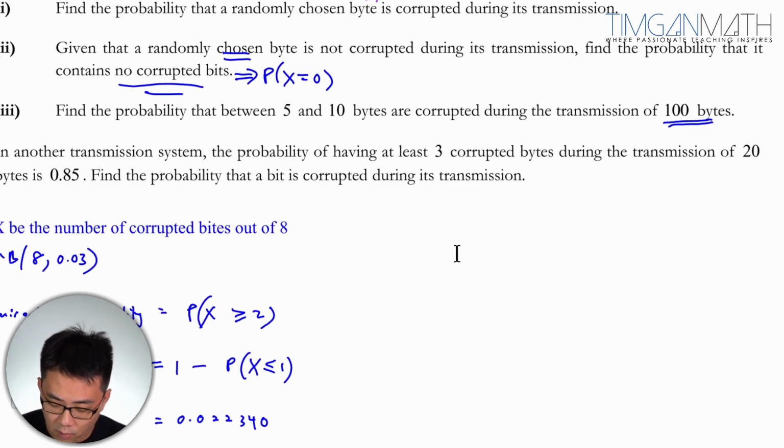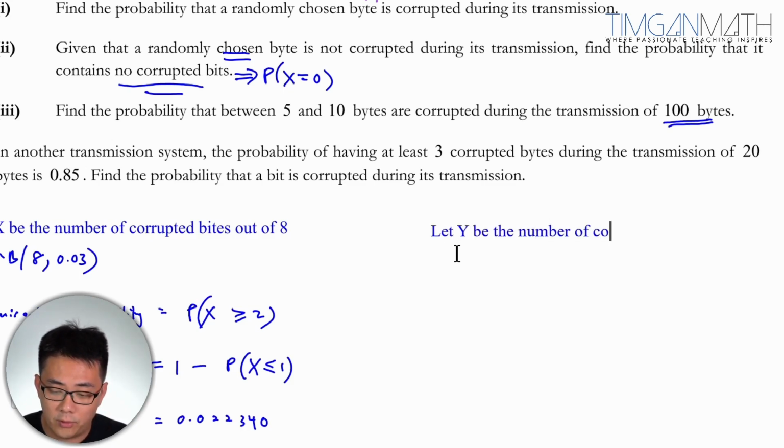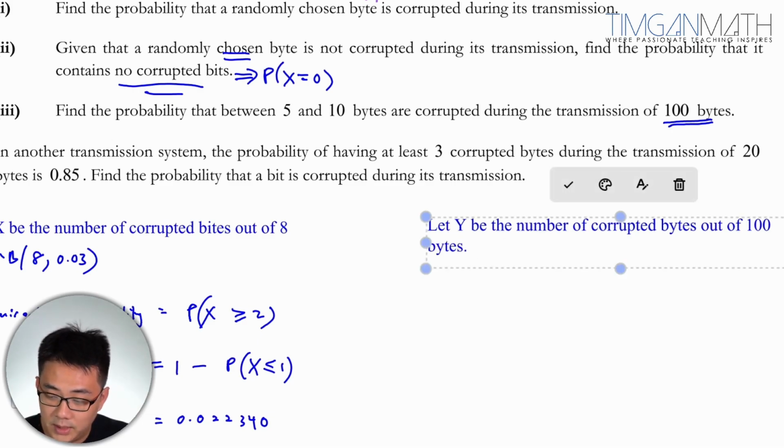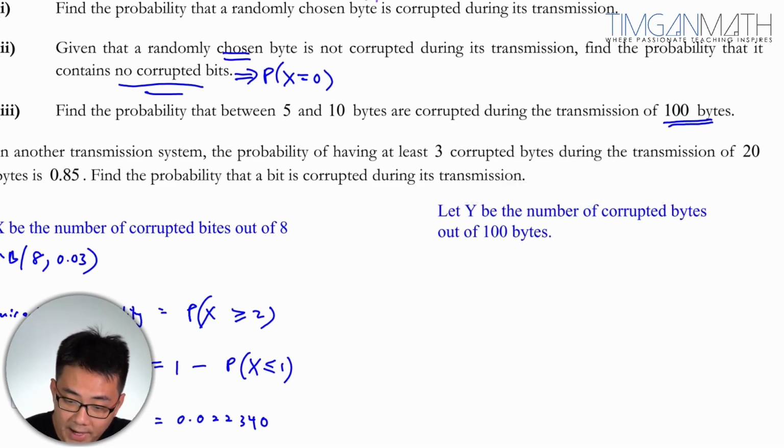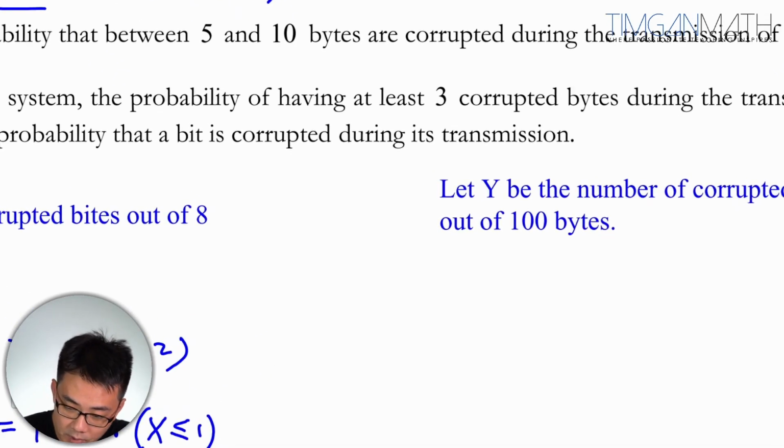For part 3, let Y be the number of corrupted bytes out of 100 bytes. That is the important part, so you must understand that. Every 1 byte has a chance to get corrupted or not.